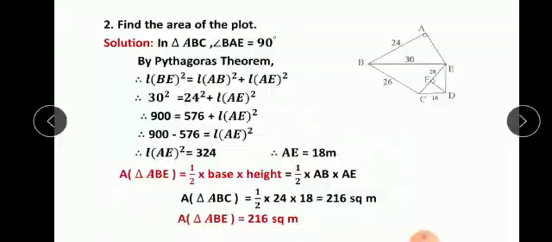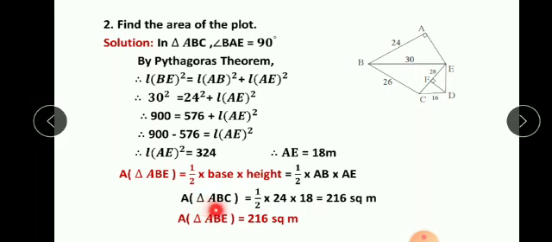Okay children, now let us find another triangle's area. Area of triangle ABE is equal to half into base into height, that is half into AB into AE.